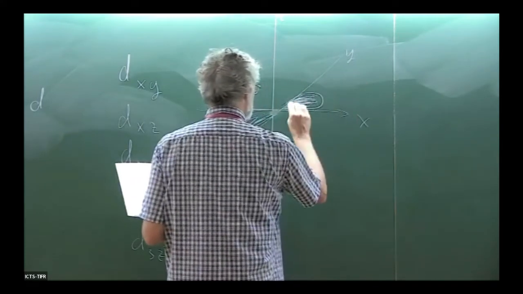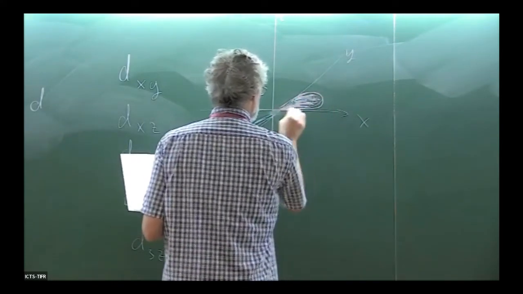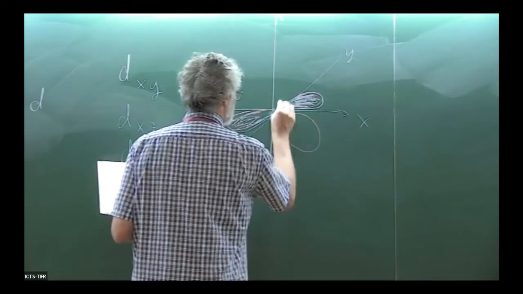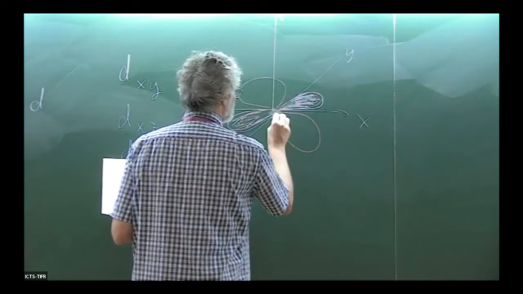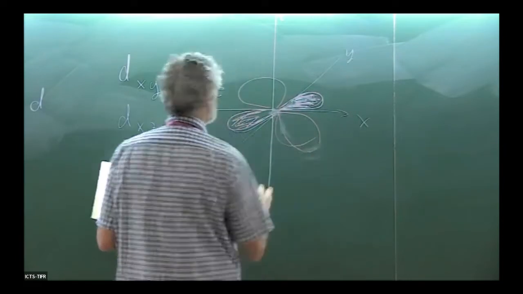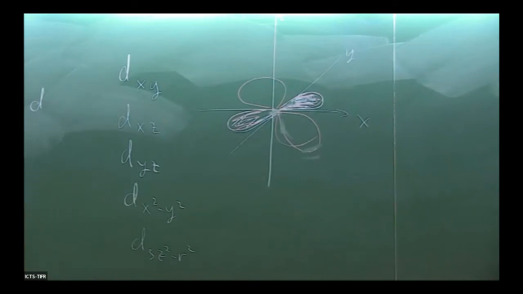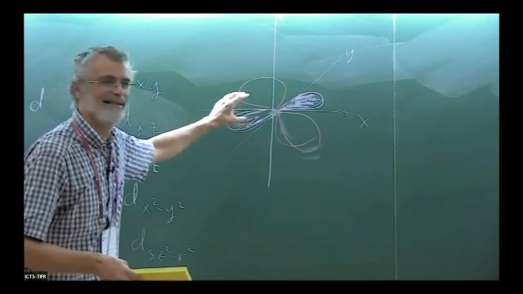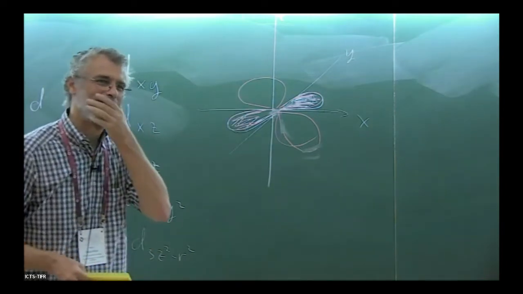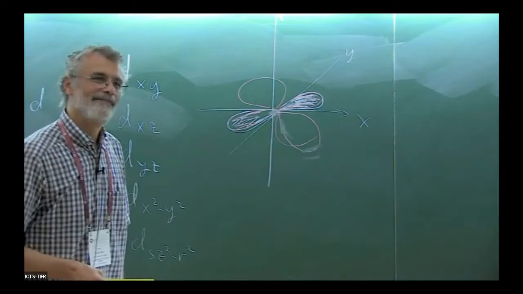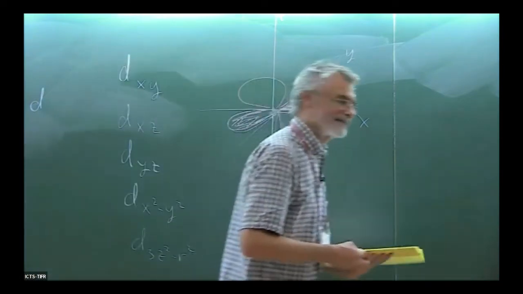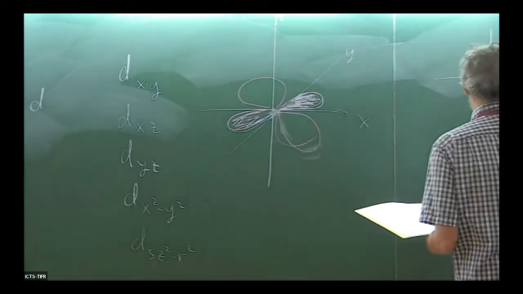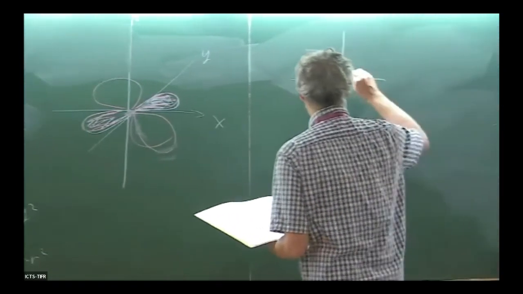So the red will be the orbital. Do you think you can see this? Yeah. Everything is okay. Very good. Let's do it in the xy plane.